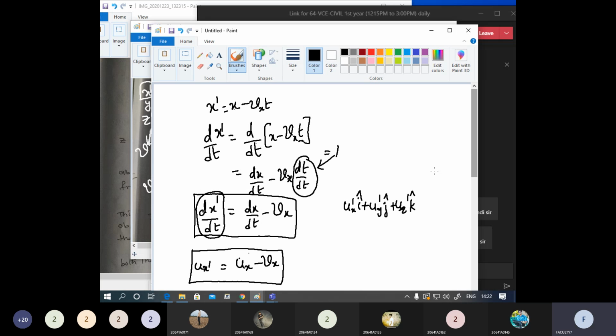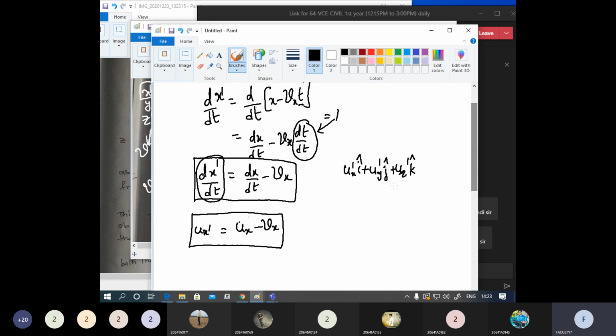Here, ux is regarding the x-axis, next uy is regarding the y-axis, uz prime is regarding the z-axis. These are the unit vectors representing the axes here. We are adding all the three velocities, and we will rewrite this particular thing as u.